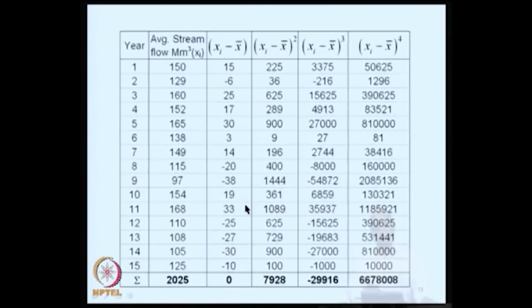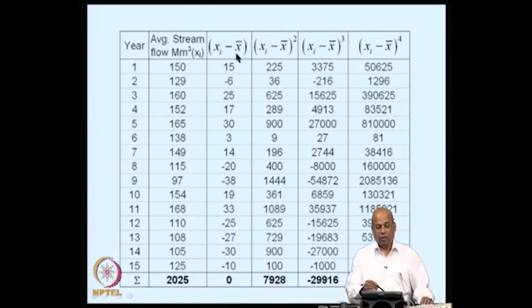So, we use this 135 and then get x I minus x bar, which is 150 minus 135, which is 15. Remember that because x bar can be greater than x I, there will be some negative values here.